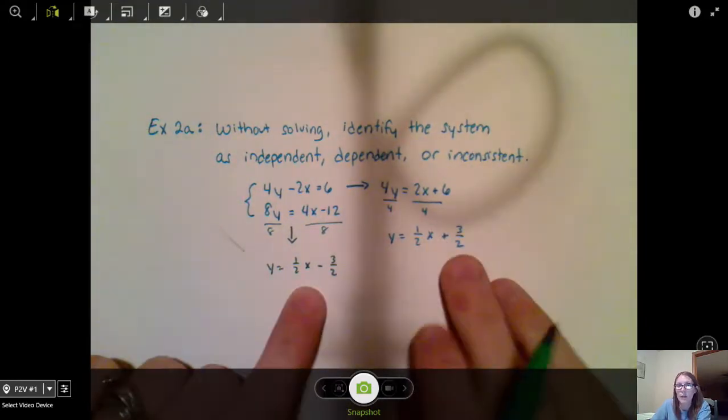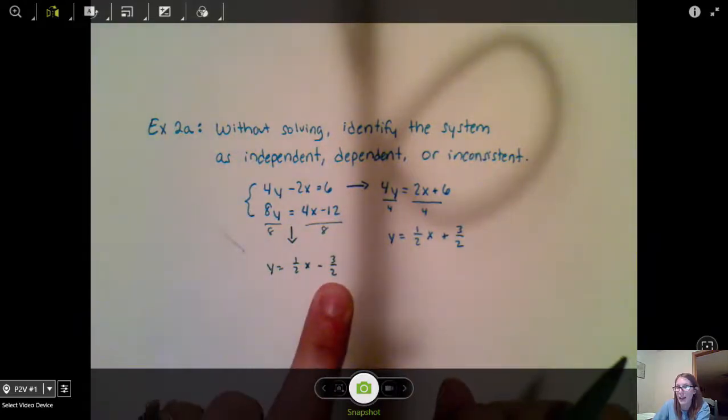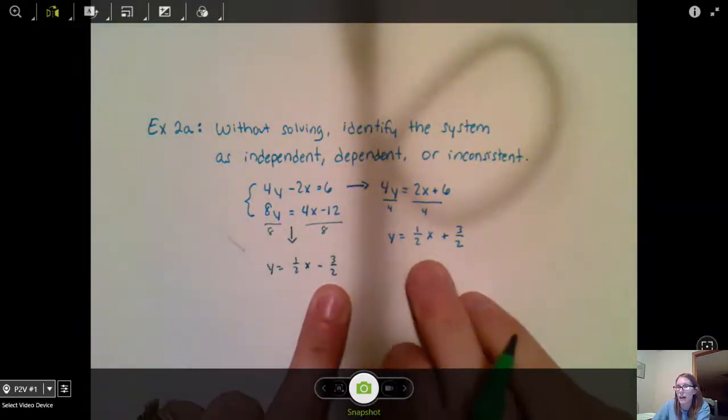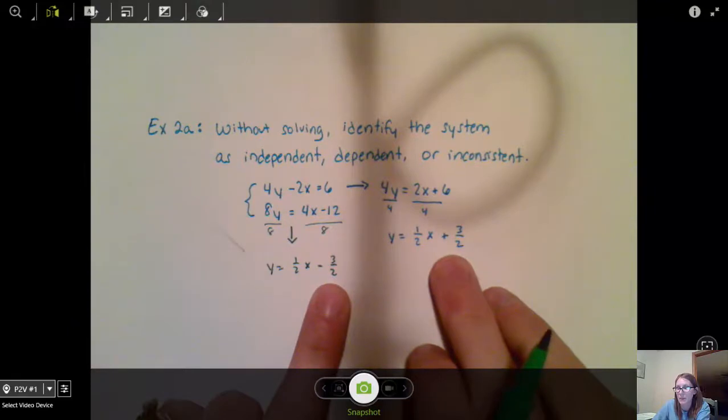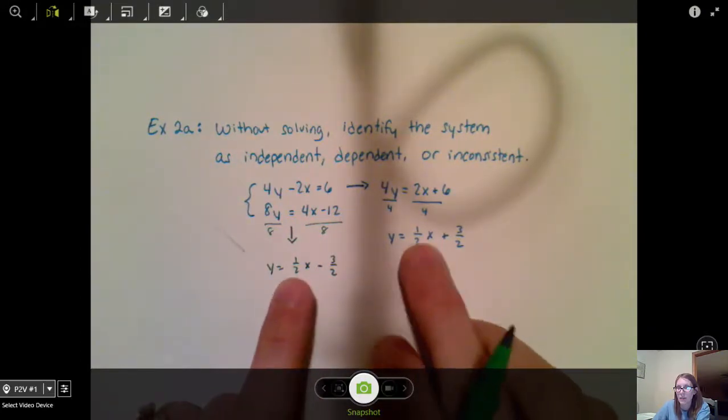All right, let's look at our equations. y equals 1/2 x minus 3/2. y equals 1/2 x plus 3/2. Okay. Our slopes for both equations are 1/2, so we have the same slope.